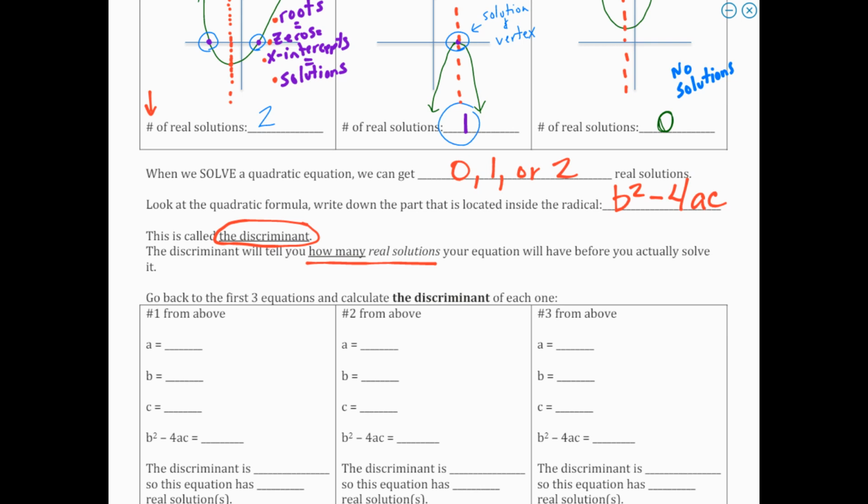You already know there's not going to be a solution, so you can answer no solution. When you get that there's only one solution, that automatically has to be your vertex. So there's not a lot of solving other than figuring out your vertex, and that's easy.